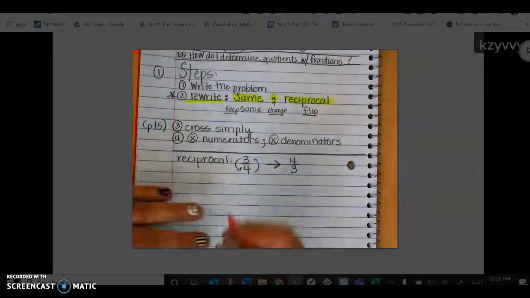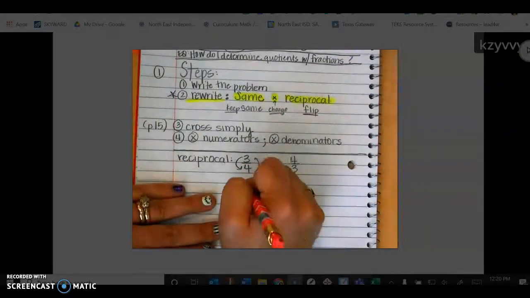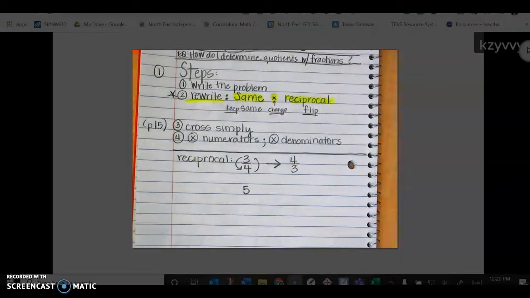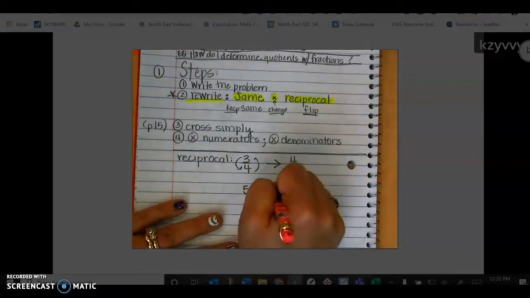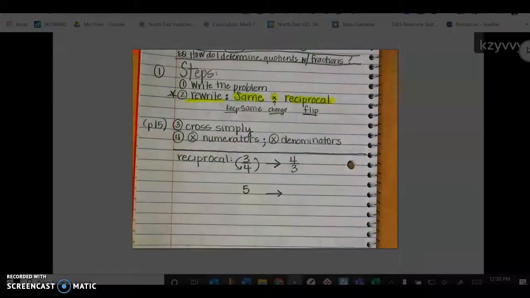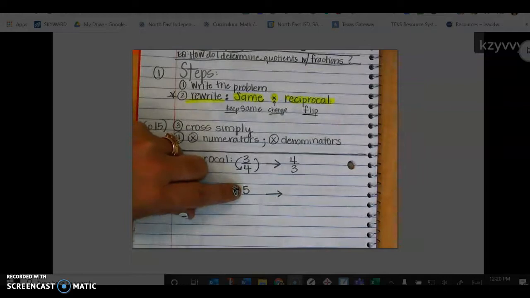Okay? If I gave you another one, like let's say I give you the whole number 5, and I need to know the reciprocal of 5. Well, you have to use the information from the class before. To have a reciprocal, the number has to be a fraction. And when I look at 5, 5's not a fraction, 5's a whole number.